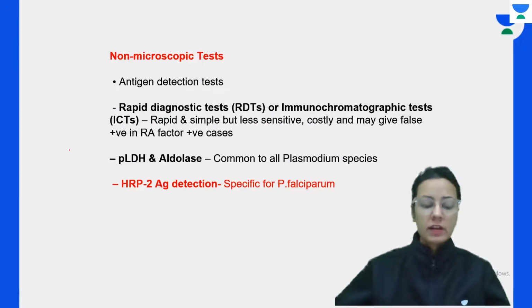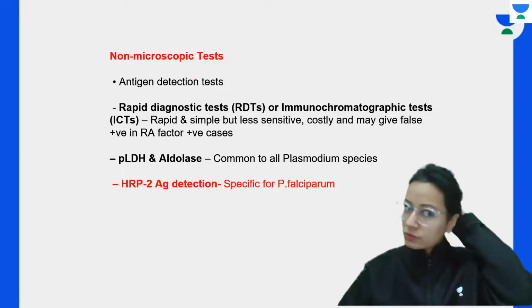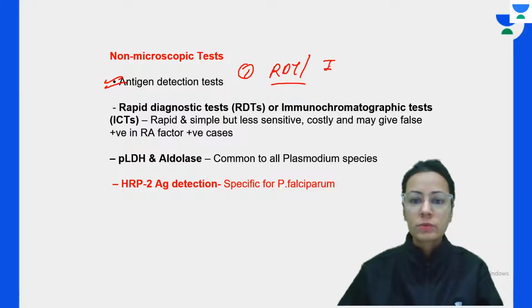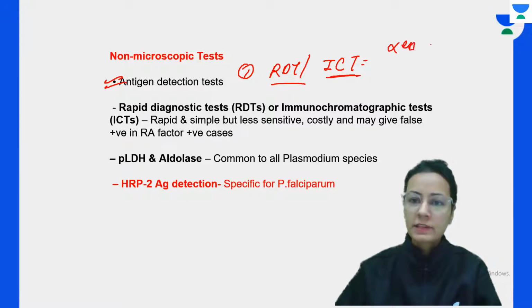Now, what are the other methods? Apart from this, we are using the non-microscopic test. That is, first is the antigen detection test, rapid diagnostic test, or the immunochromatographic test, that is ICTs. They are rapid, but they are less sensitive tests.